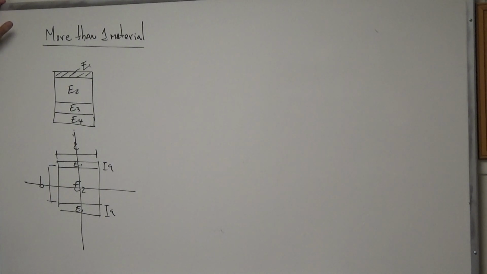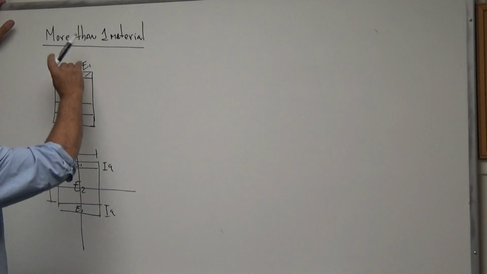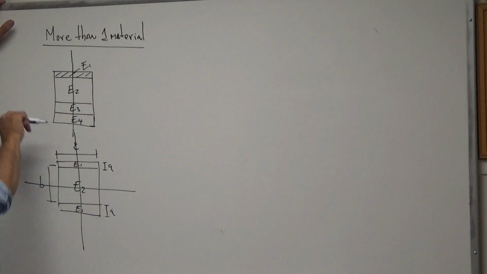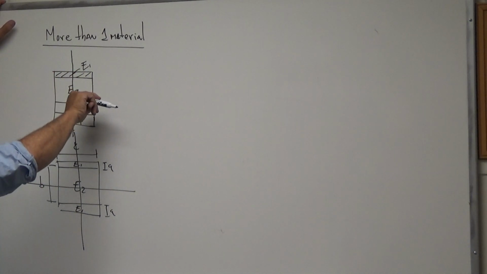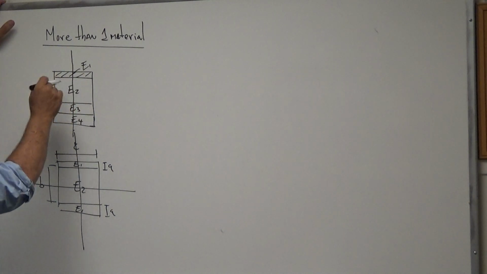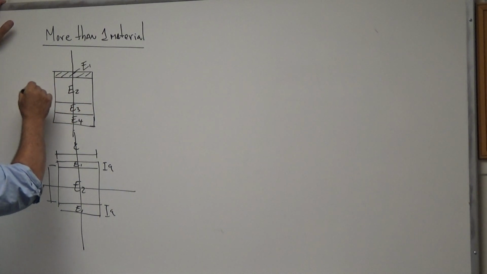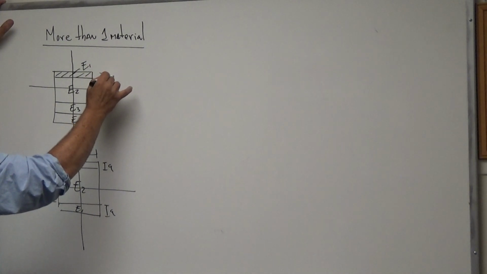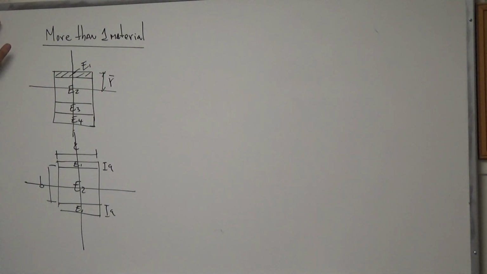In this other case, the system is symmetric about this axis, but not symmetric about this other one. Therefore, the location of this axis must be found. It is not given by symmetry.